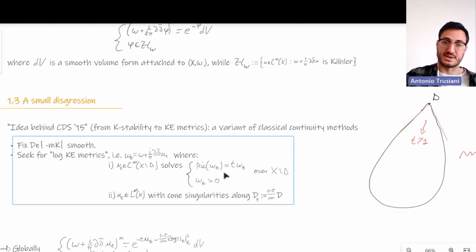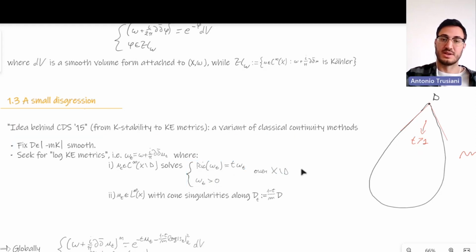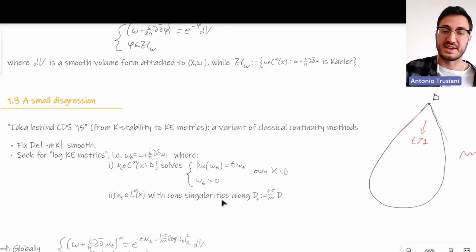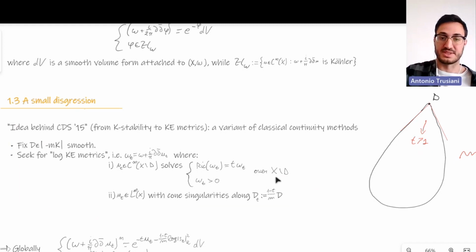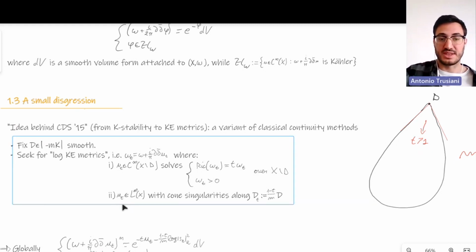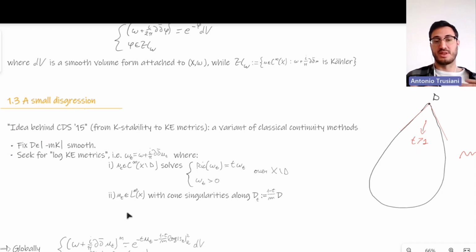So you solve this equation, Ricci of omega_t equal to t omega_t, and it is positive. So it's a Kähler form in this open set. And moreover, the potential u_t is not smooth anymore.